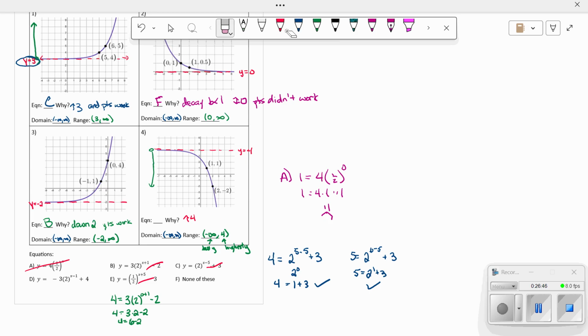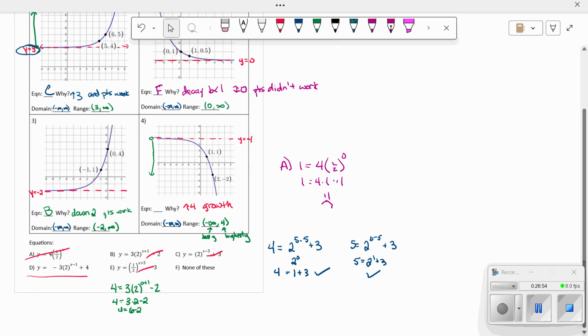Don't get tricked. This is growth, so B is greater than 1, which means option D is a pretty good shot. So let's plug in 1, 1 and see if it works. Negative 3 plus 4, 1, 1 does work. Same thing in Desmos.